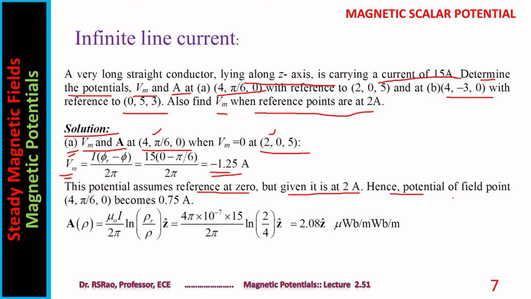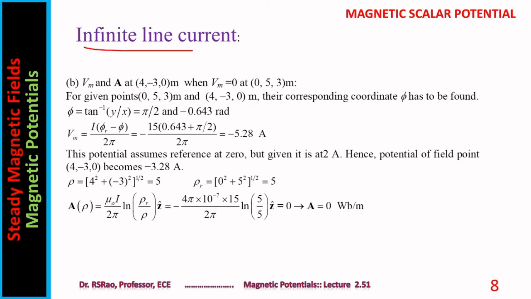Hence, the potential of the field point becomes 0.75 amperes. So the 2 ampere aspect is solved. For A rho, this expression we also computed earlier. Substituting rho, we get the answer as 2.08 z cap microwebers per meter.